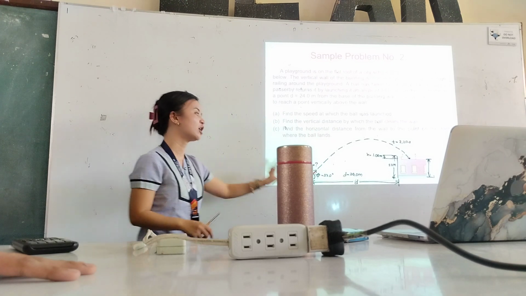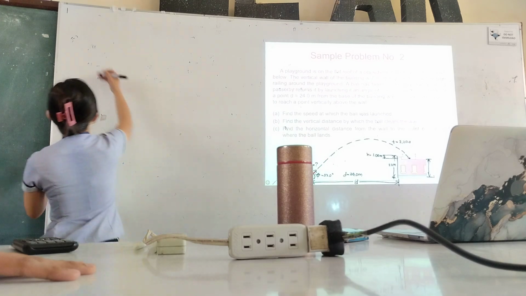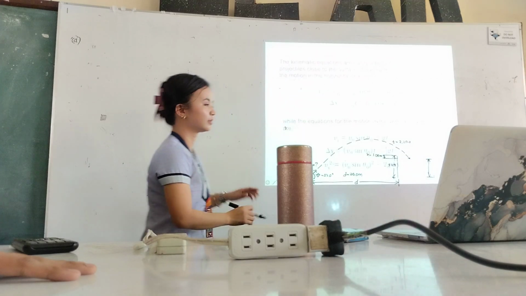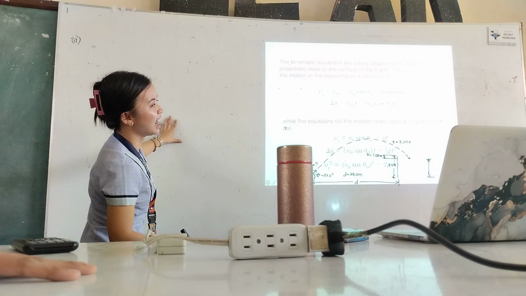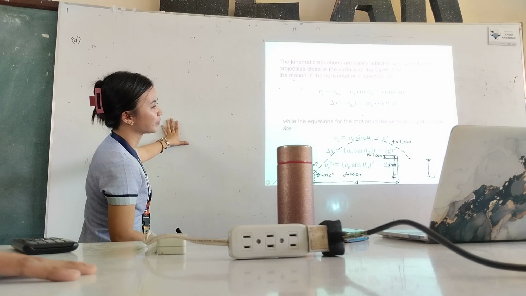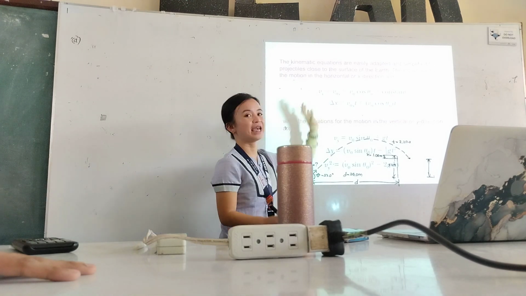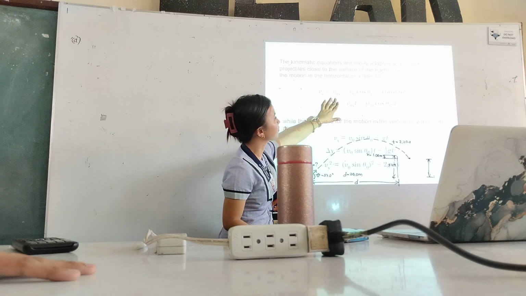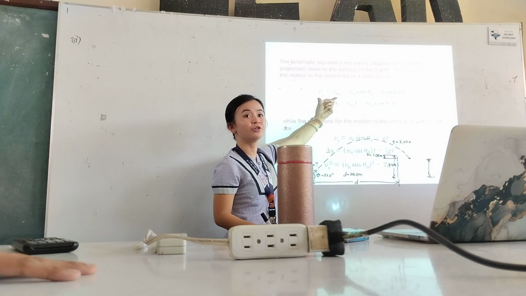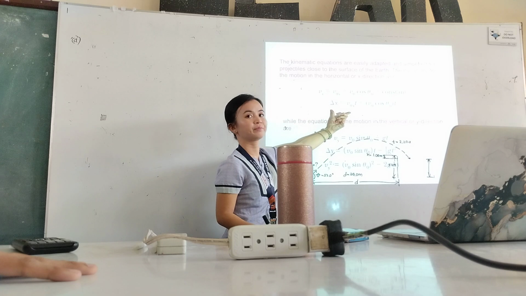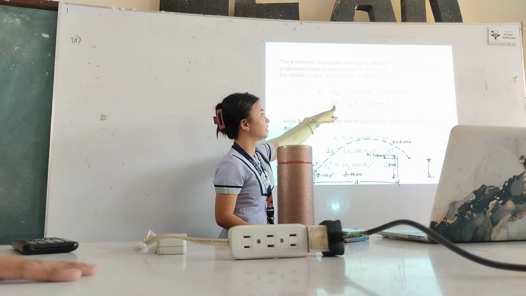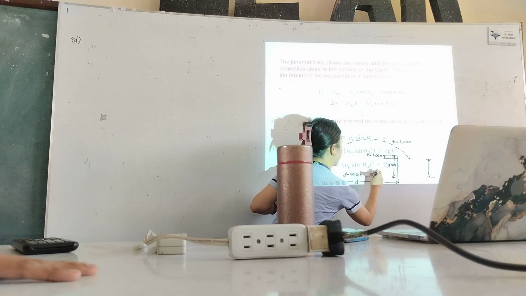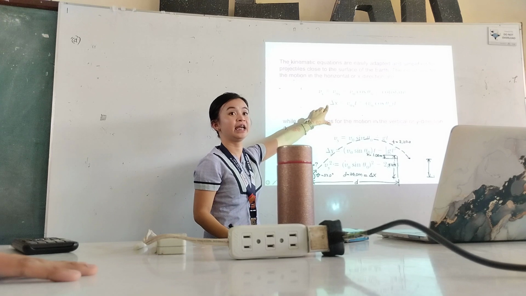So where do we find V0? Vx is equal to V0 cosine theta, but we do not have V0 here. Delta x is given.